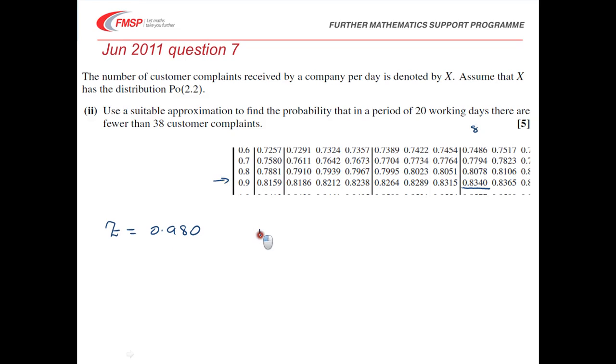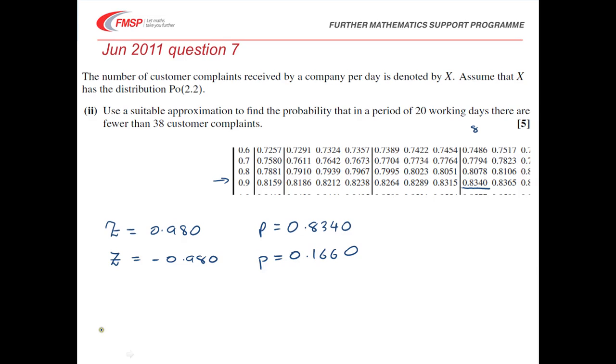Okay, so the probability of this is 0.8340. So again, if I wanted a negative z value, so minus 0.980, then my probability would be the complement, so 0.1660. Okay, just by taking the complement. And that's that. So that's quite nice.